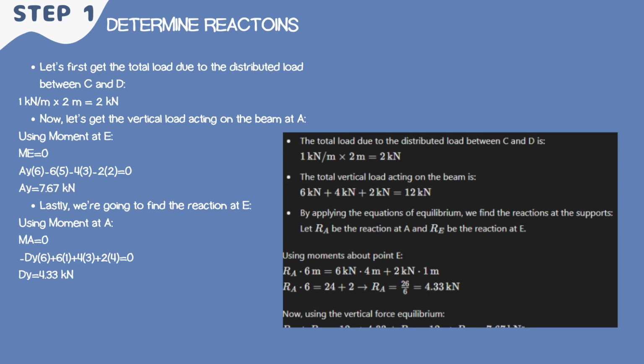Now, let's get the vertical reaction acting on the beam at A, using moment at E first.